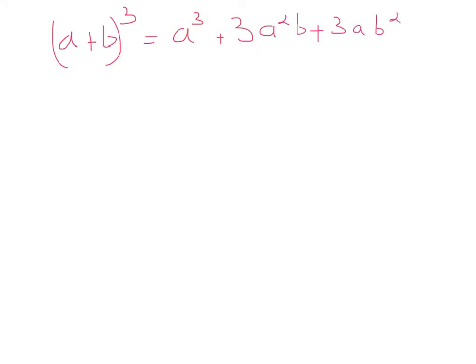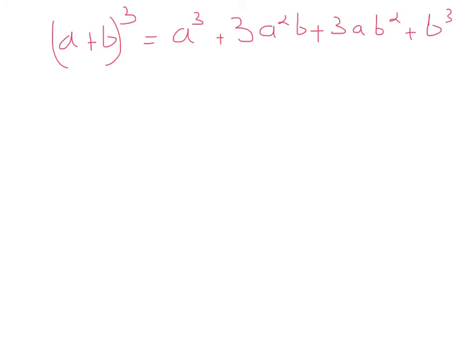Alright, so here we're going to talk about the cube of binomials or perfect cubes. Okay, let me just change the color here. So we got a plus b cubed equals a cubed plus 3a squared b plus 3ab squared plus b cubed. Alright.